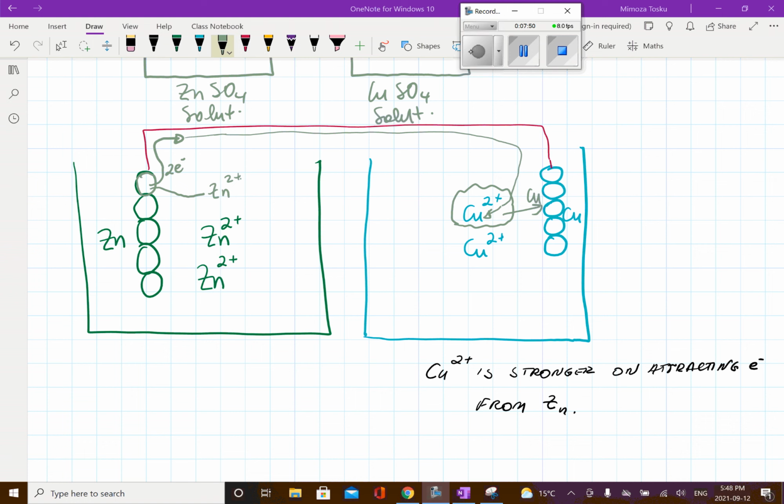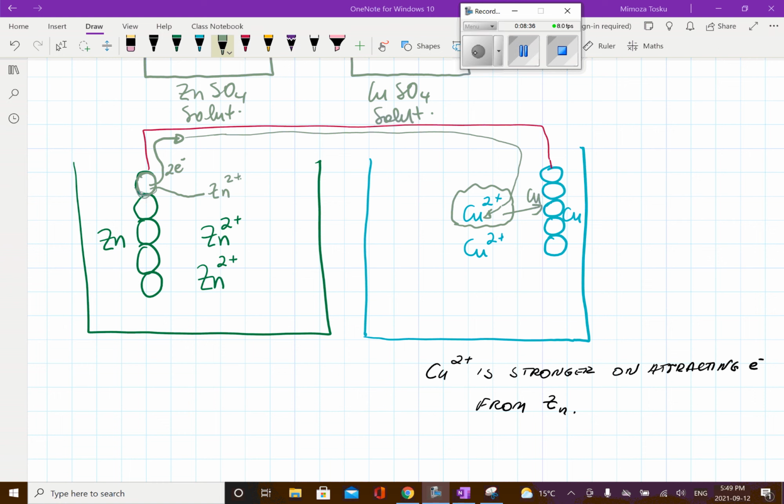And now, since the zinc atom was turned into a zinc ion, and copper 2+ is turned into copper metal, we see, since metal ions usually are dissolved in water, that this zinc plate is kind of dissolving. It is becoming less and less, while copper is building up on the plate.